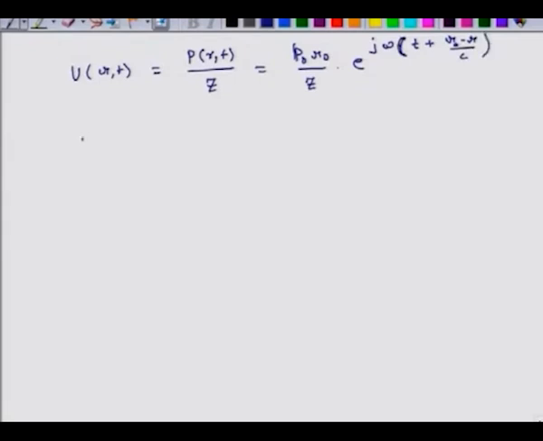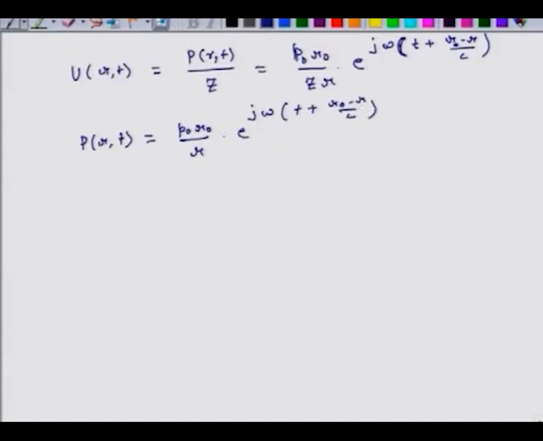And the relation for complex pressure is p of r and t equals p naught r naught over r, times e to the j omega times t plus r naught minus r divided by c.